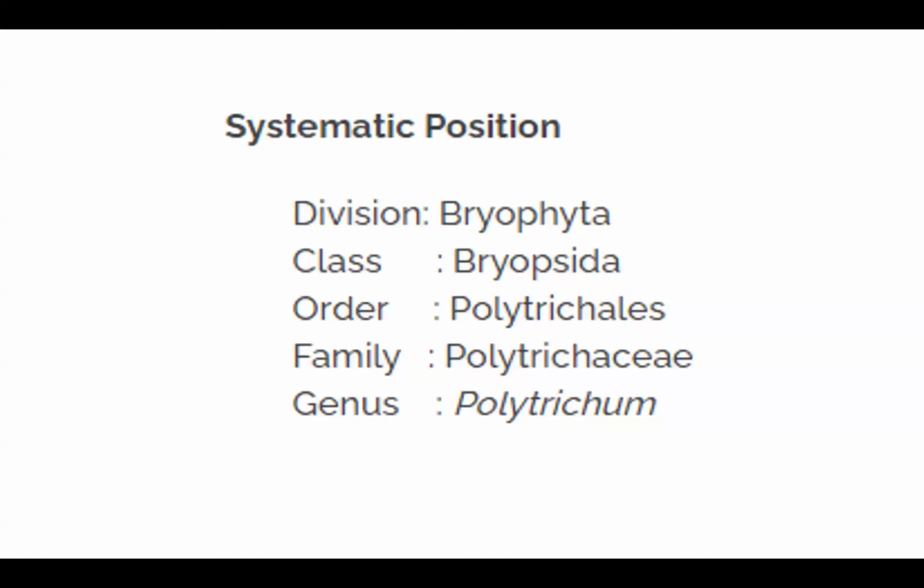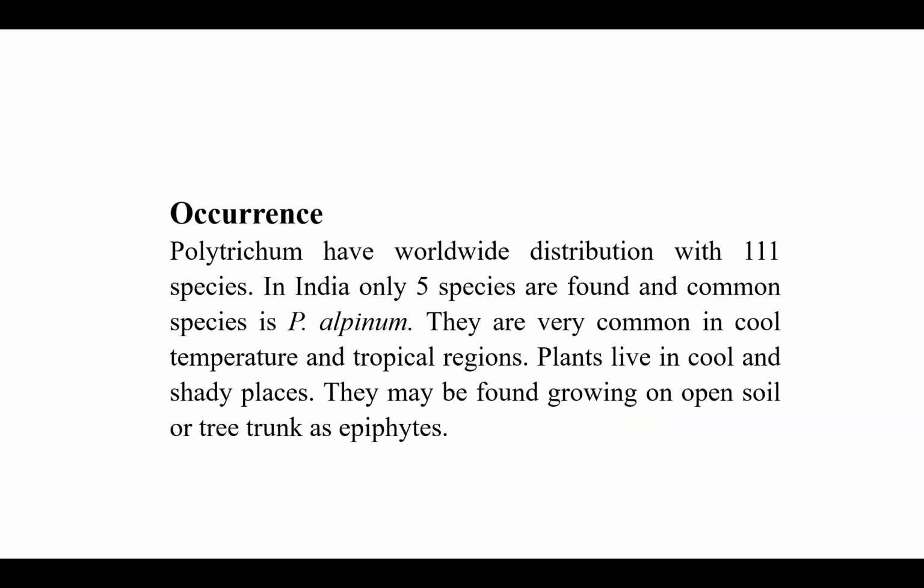First of all, the classification or the systematic position of Polytrichum. It comes under the division Bryophyta, class Bryopsida, order Polytrichales, family Polytrichaceae, and genus Polytrichum. Where it occurs, first of all: it is worldwide in distribution. 311 species have been identified.